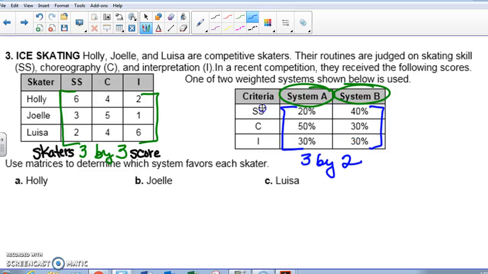The 3 represents their 3 different criteria or scores, right? The 2 represents whether we're using System A or B. Everybody okay? So when I multiply those together, can I multiply them first of all? Those 3's are the same, so yes, my answer matrix will be a 3 by 2.